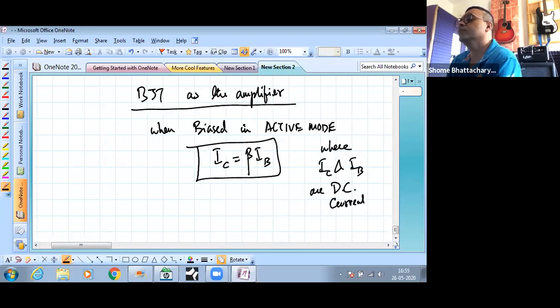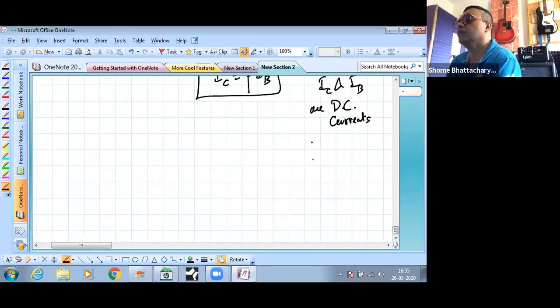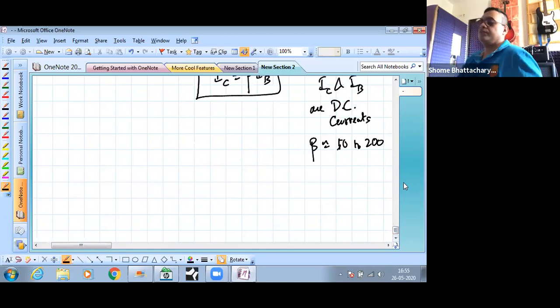So there's no question of gain yet because there is no amplitude involved. But beta is a large factor, which is anything from 50 to about 200. So using this, we'll be able to achieve that gain.